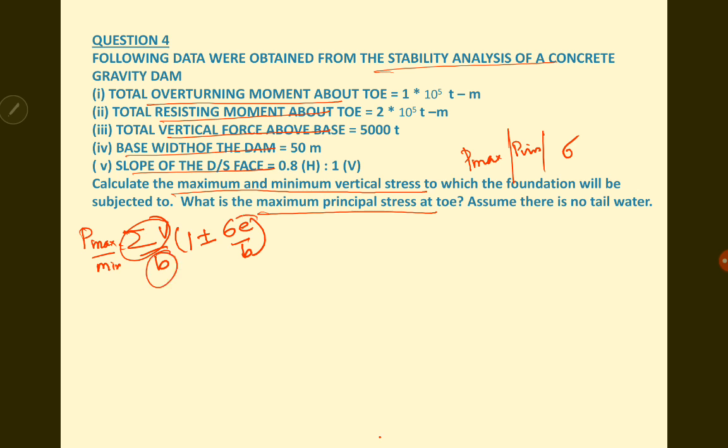So, the only unknown here is E. The E value is not known to us. That's eccentricity. How to find the eccentricity value? E is given as B by 2 minus X bar. Right? Where X bar is the distance to the resultant, and this eccentricity is equal to E.